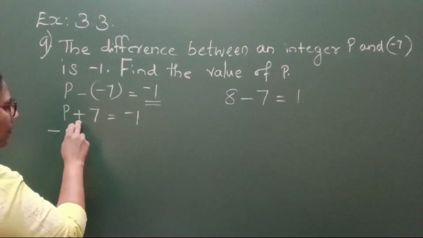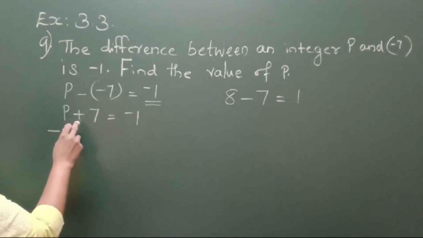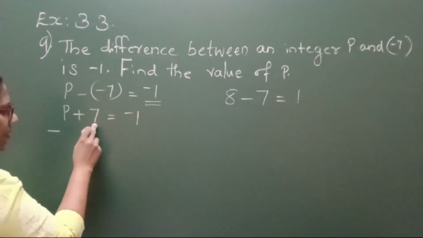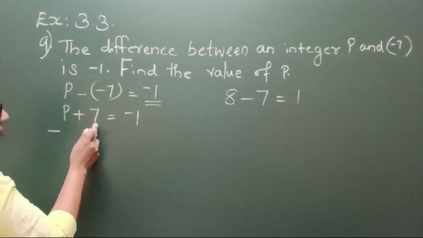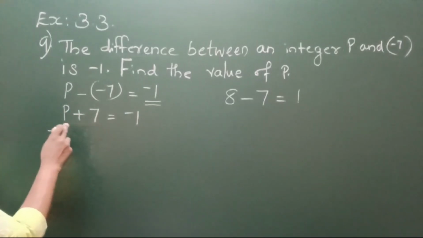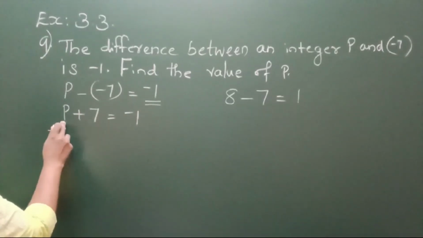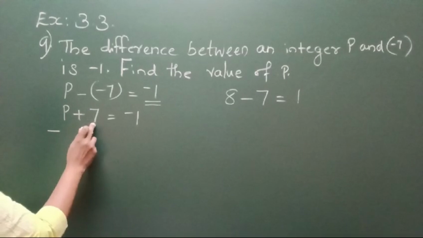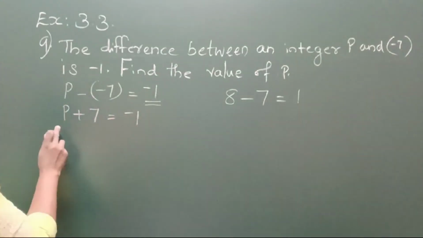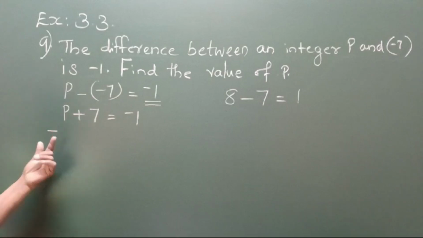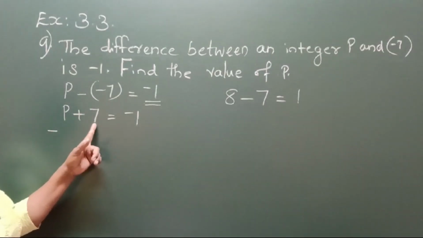And here since plus sign is given and this is a positive integer, of course it is greater than this number. Okay, p plus 7, this is a positive integer and the answer is a negative integer. So of course this p is a negative integer and that too greater than this.